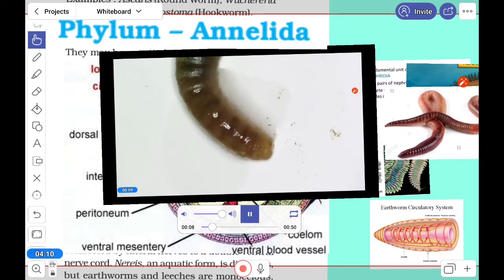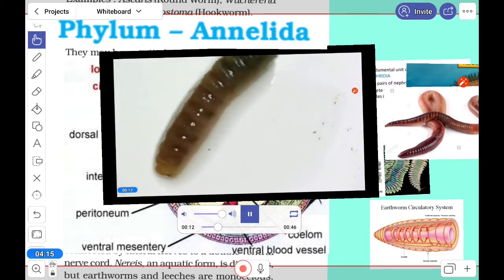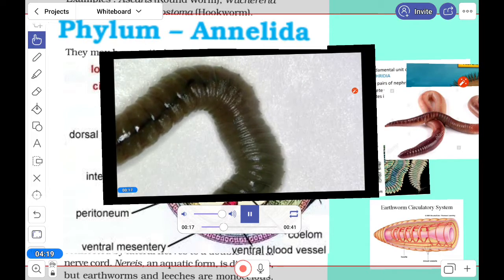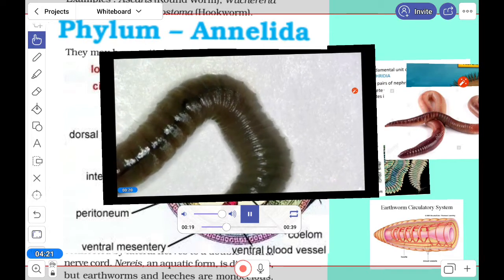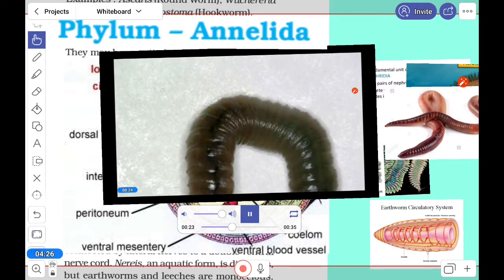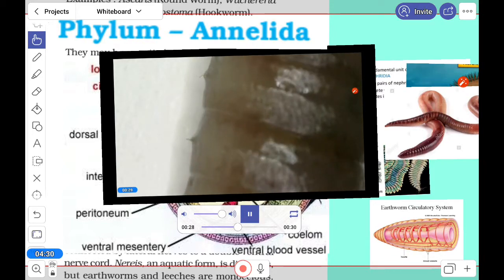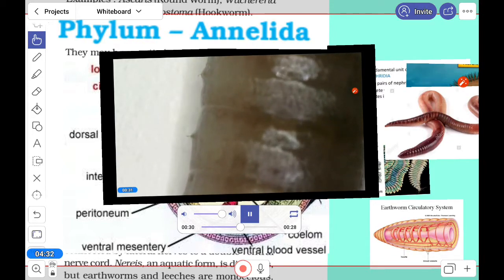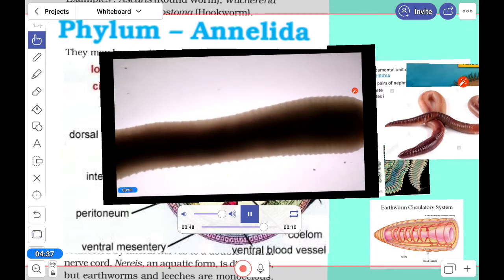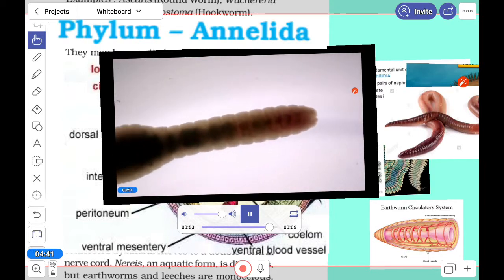Here, look at the earthworm, the segments are clear. See how they are contracting their body. This type of contraction, I think you can see this.